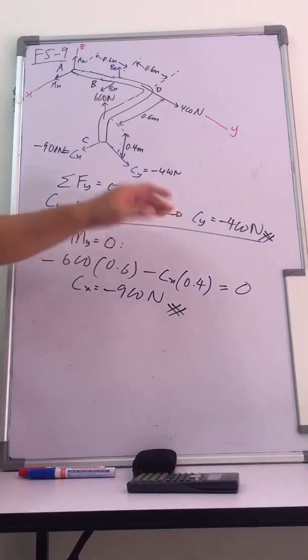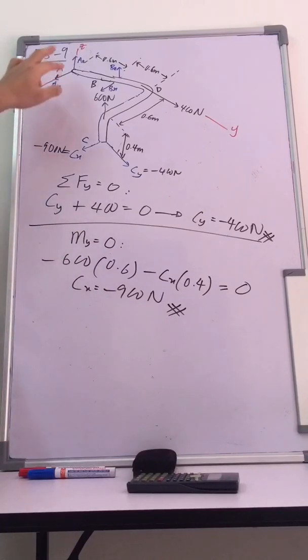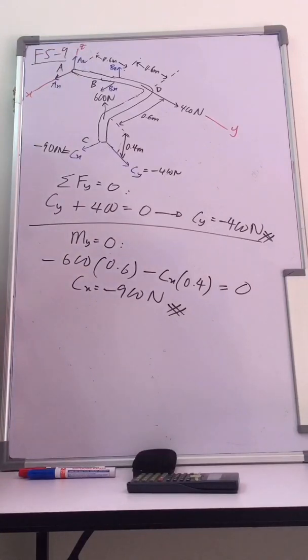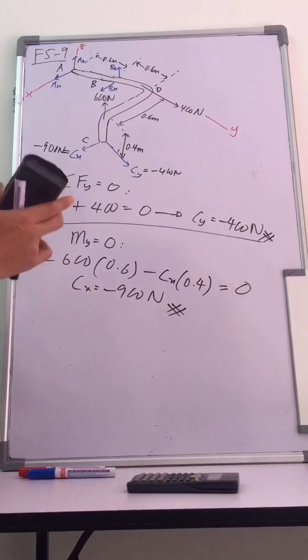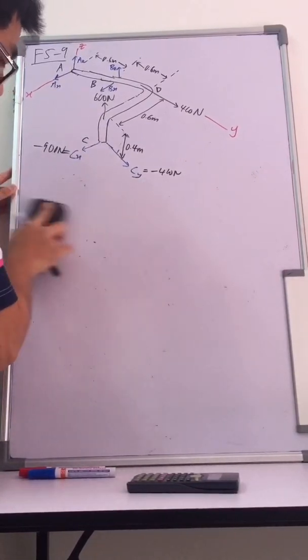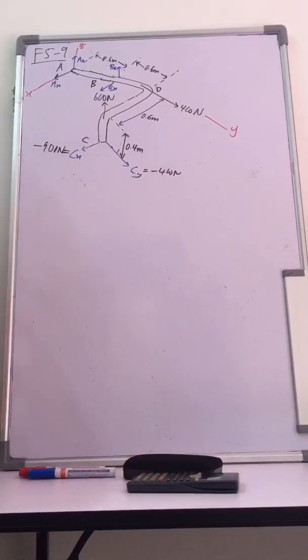Right, so we got these two, Cx and Cy. So we are left with just four, Ax, Az, Bx and Bz. Right? So next, let me erase this. Okay, let's do moment about x.